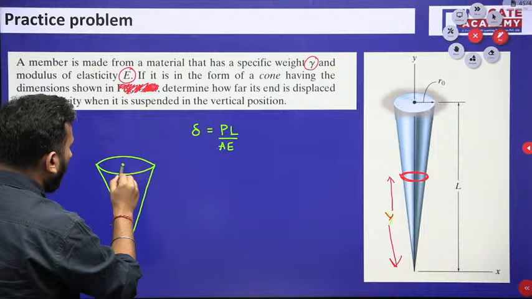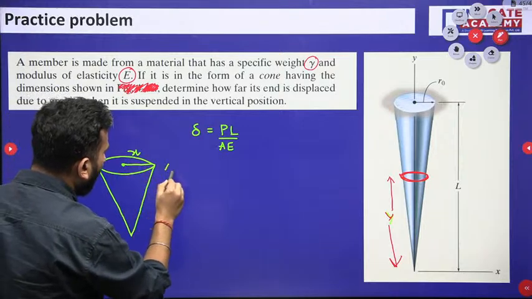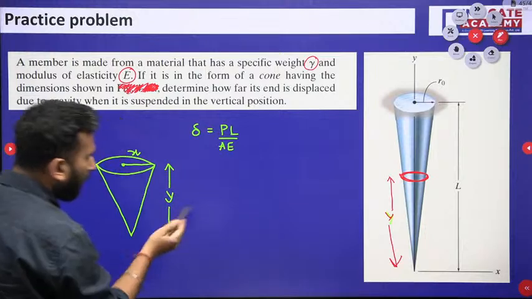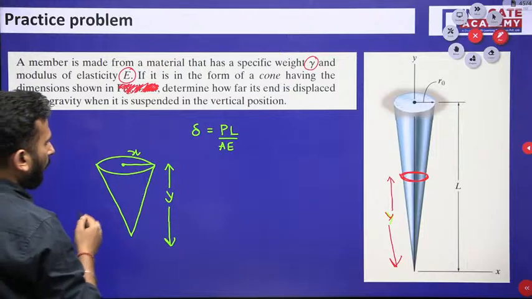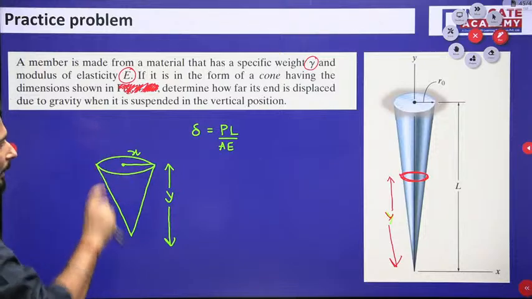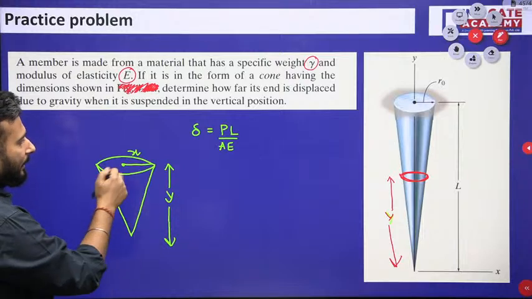The radius of this is x, and I am taking it from the free end at distance y.